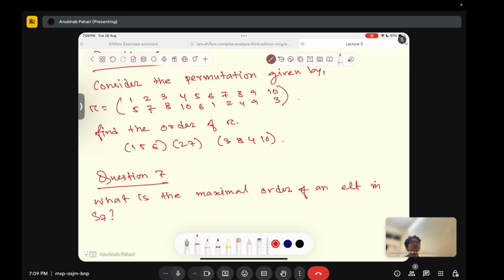So 12. Yes, a 3-cycle and a 4-cycle are there, so it will be 12.